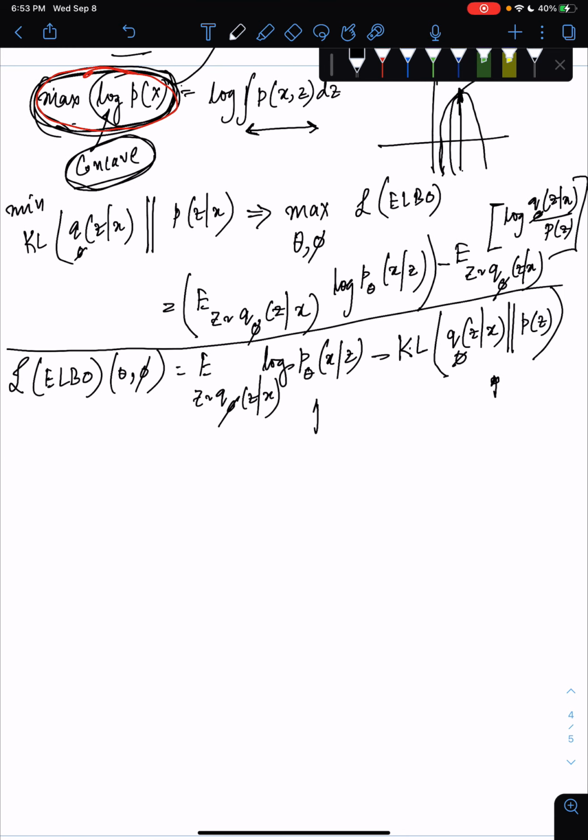So first, let's think about where a neural network will help us, where we can use a neural network to maximize this particular loss function. In a typical machine learning or deep learning setting, in statistical learning theory, we always try to formulate a risk.